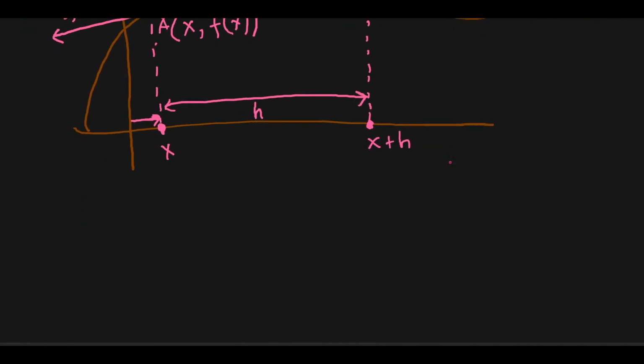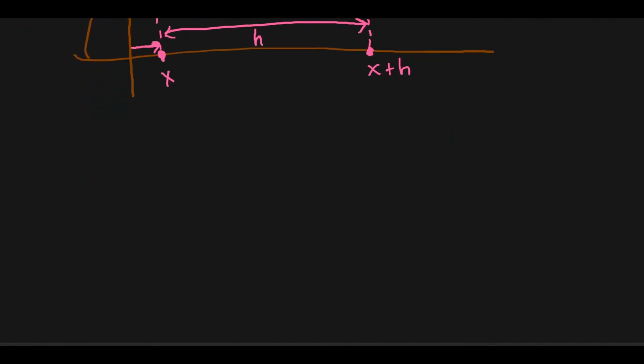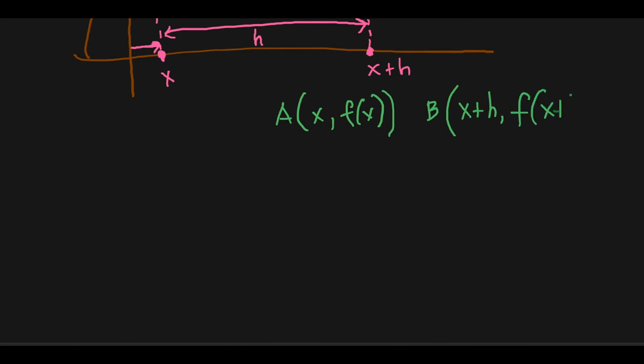So I will just write again here the corresponding coordinates of our points so that it will be clear for us. Point A, we have x and f of x, and point B, we have x plus h and f of x plus h.